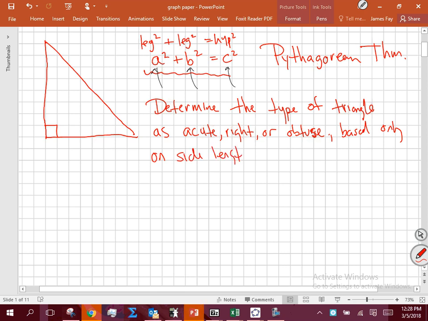So I'm not going to know right now because we don't have the math. I don't know how to find angle measurements, okay? But we should still be able to determine if this is going to be a right triangle or not.